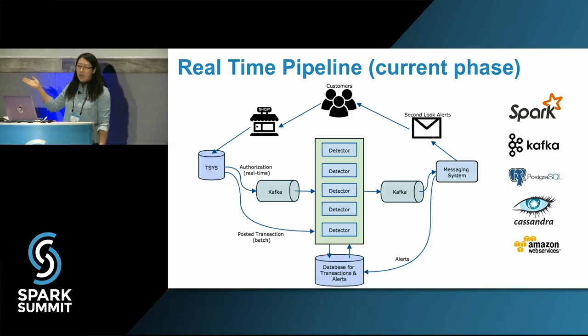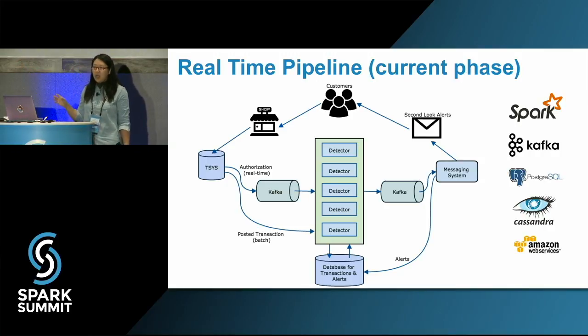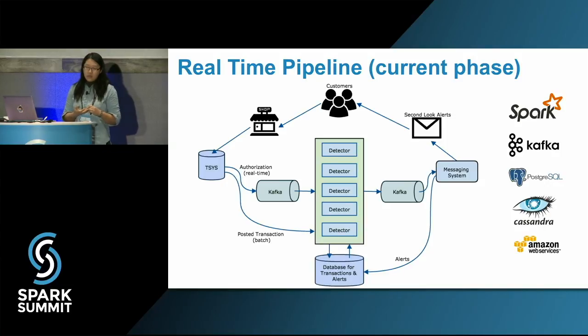So the real-time one is the one we are focusing on, and it will come into a Kafka connecting to a lot of detectors. For each detector, we have a separate Kafka topic that will send the relevant transactions into the relevant detector. For a lot of the detectors, it will also connect to a database to query and to perform the logic and to generate the alert.